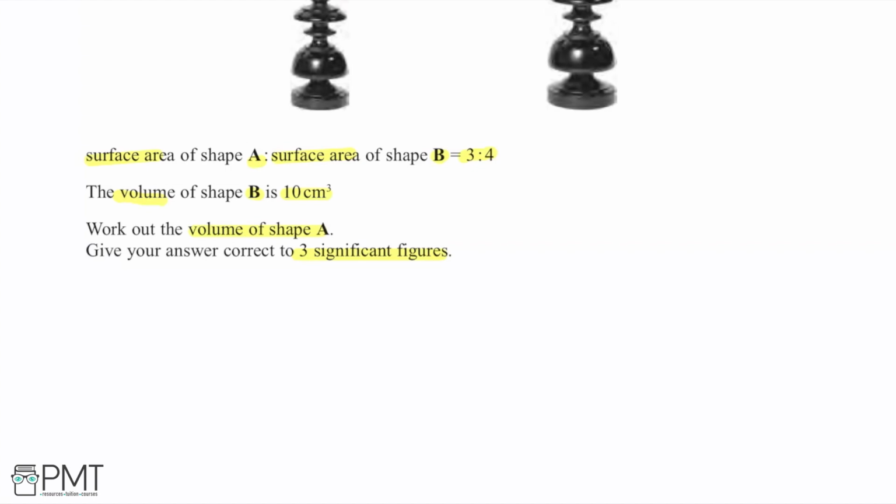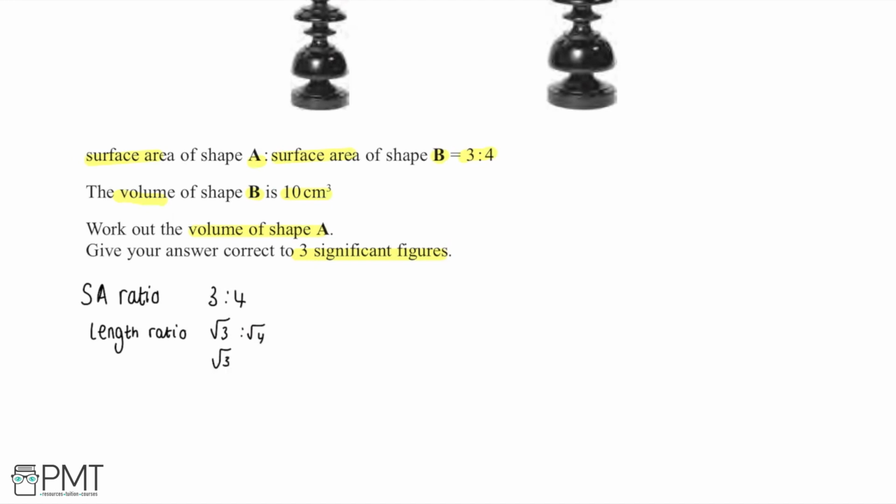So if we have the surface area ratio is 3 to 4, then we need to use a method to find the ratio or the scale factor of the lengths. So the length ratio here, length is going to be the square root of the area in this instance, so we can have root 3 to root 4.